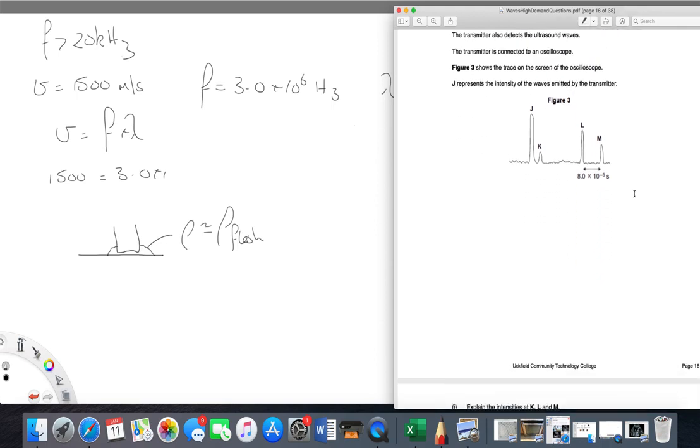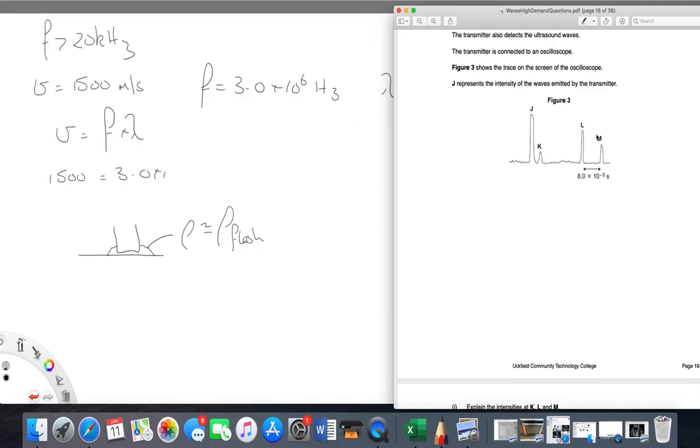So apart from the fact that I have these 3 peaks, what other detail can I take from this diagram? And the detail would be the heights of the peaks, I think. You can see that this one is much smaller than this one, and this one is smaller than this one.